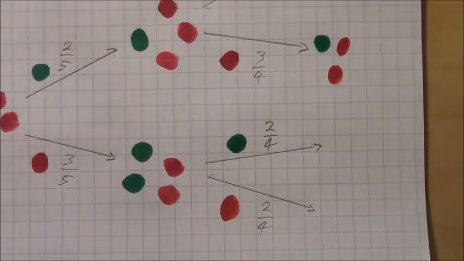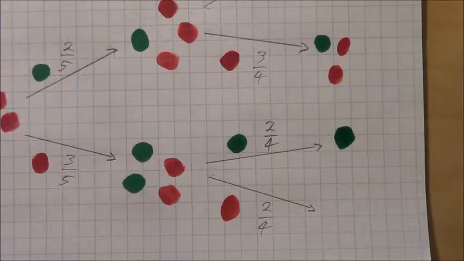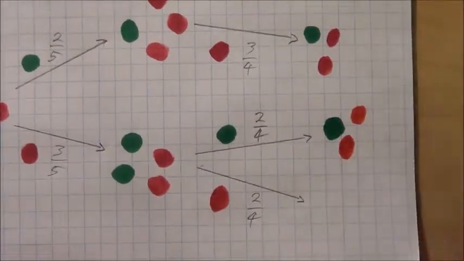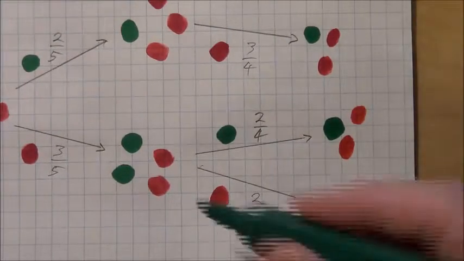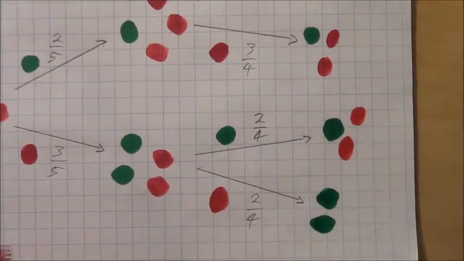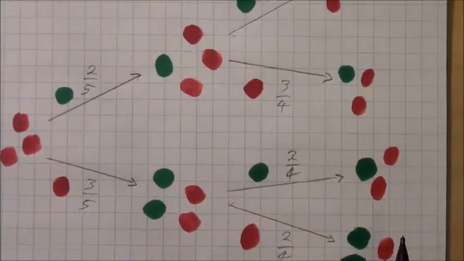And then what's going to happen here is, here we're going to be left with 1 green and 2 red, if that happens. Or in this case, if we choose another red here, we're going to be left with 2 green and 1 red. Okay, so those are how the probabilities will stack up.